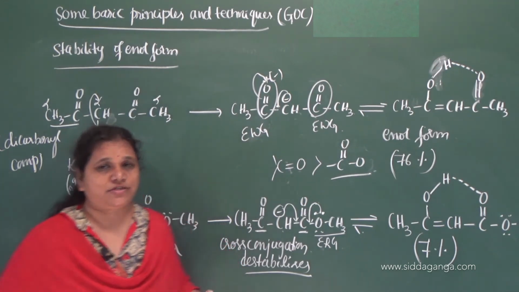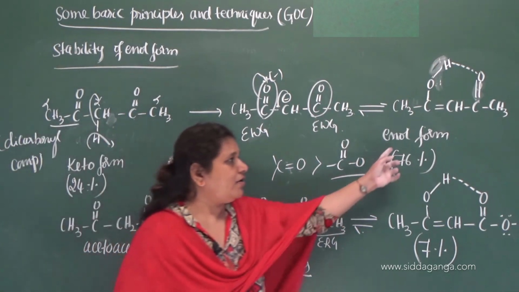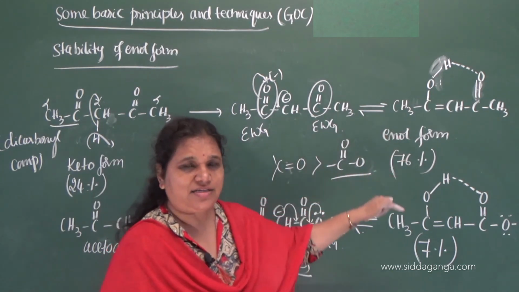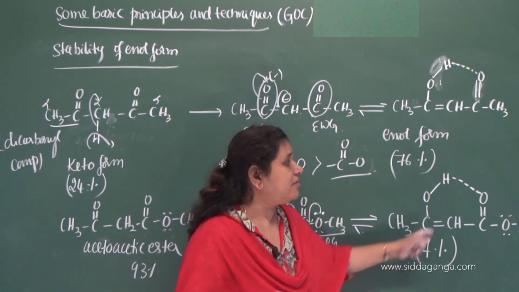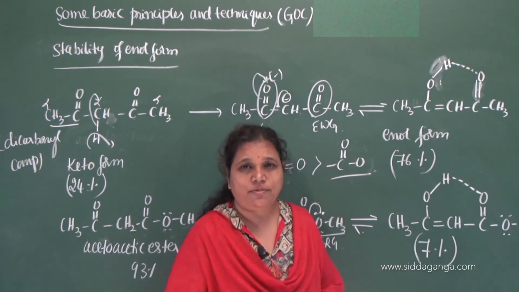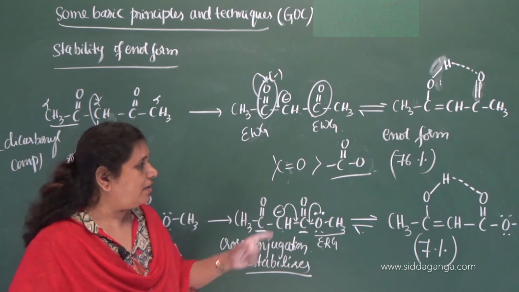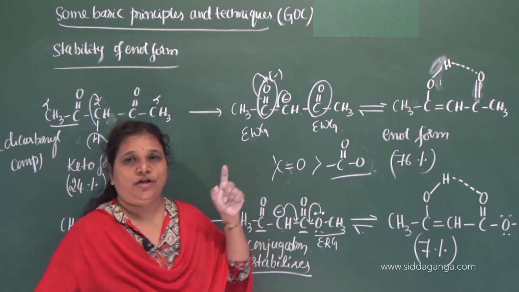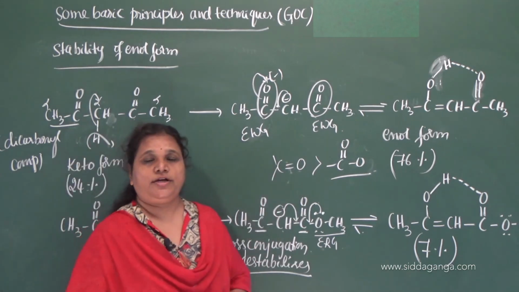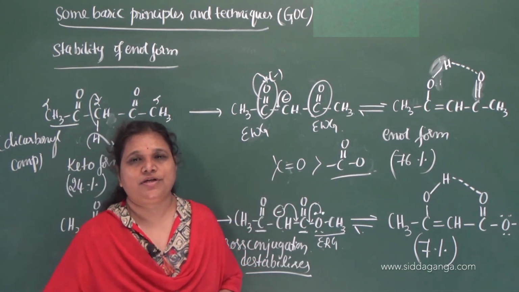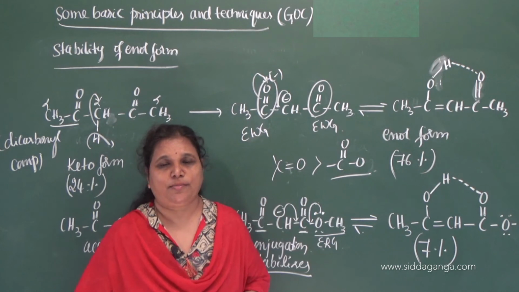But in acetoacetic ester, compared to the enol form of acetylacetone, the percentage of enol form is less in spite of intramolecular hydrogen bonding. The reason is that the ester functional group is less electron withdrawing compared to the ketone functional group. That you have to remember.